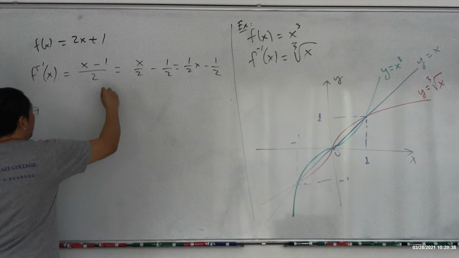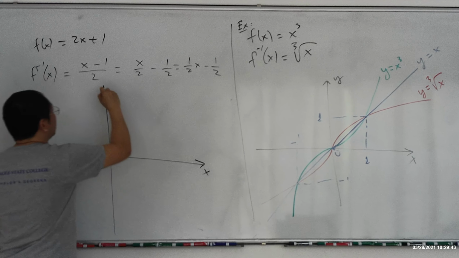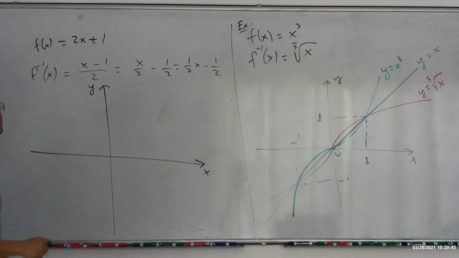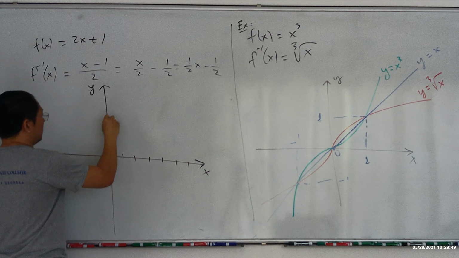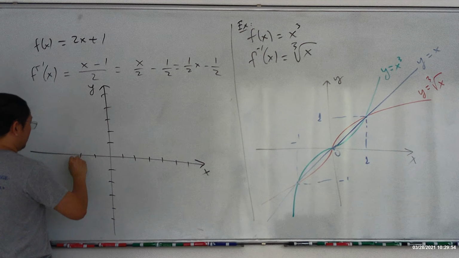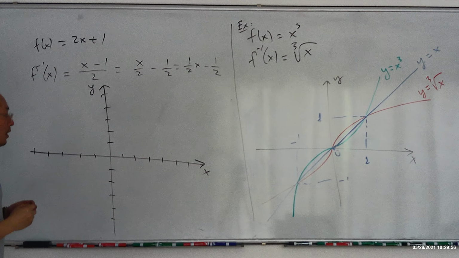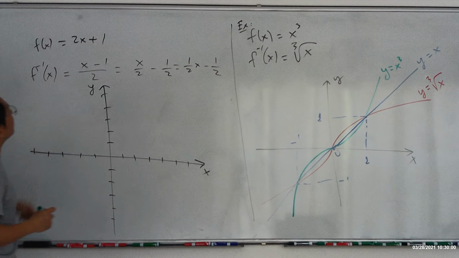Let me show you the graph of the two lines. X-axis, y-axis. 1, 2, 3, 4, 5, 6. I'm going to use green color for the first graph, right here, y equal to 2x plus 1.